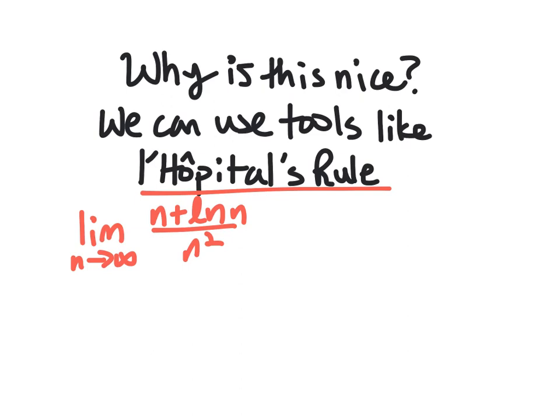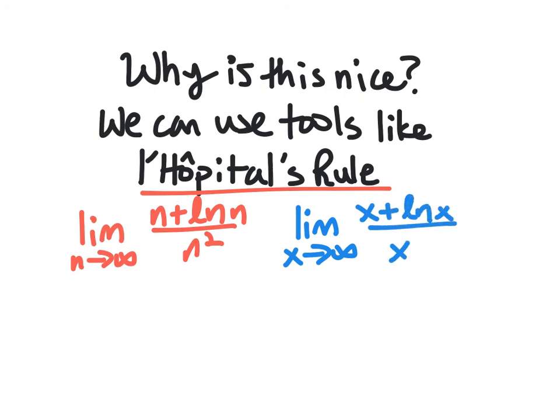Instead, we say, okay, that's the sequence. Let's look at the function itself, for all x greater than or equal to 1. It is defined for all of them, so this makes sense. Now what happens? Well, I get infinity over infinity here if I plug it in.